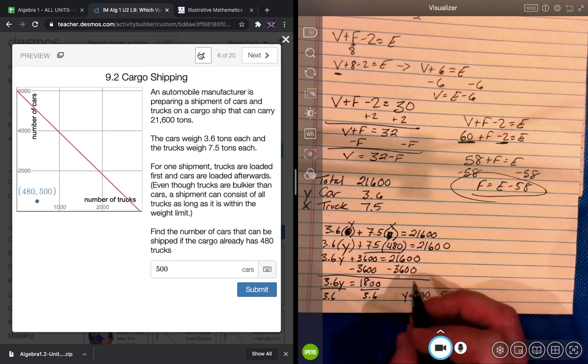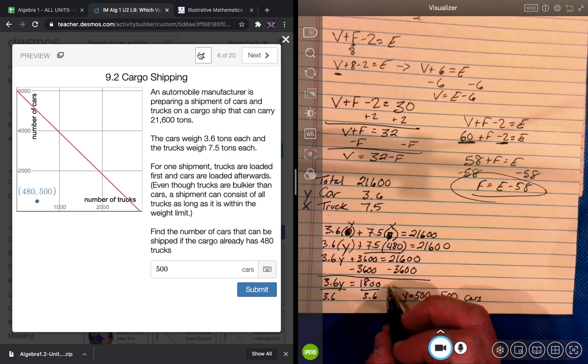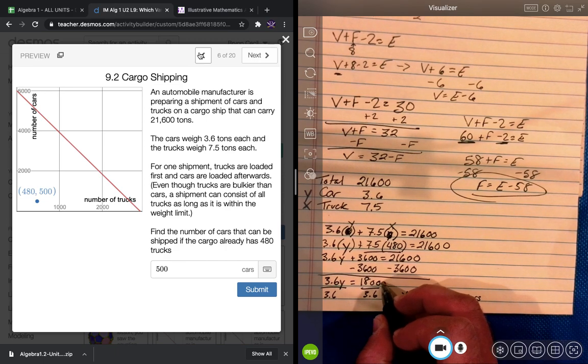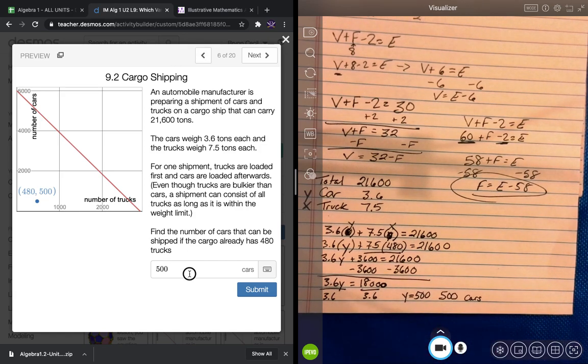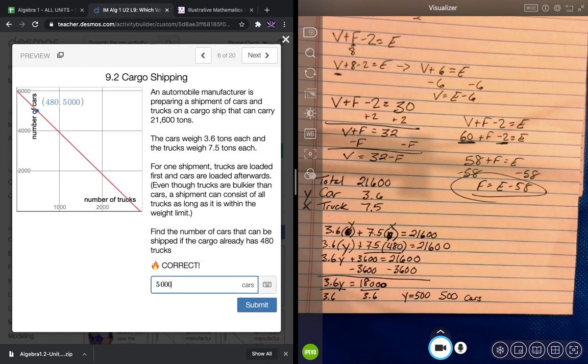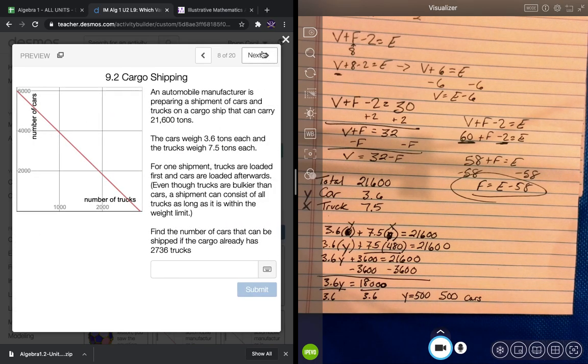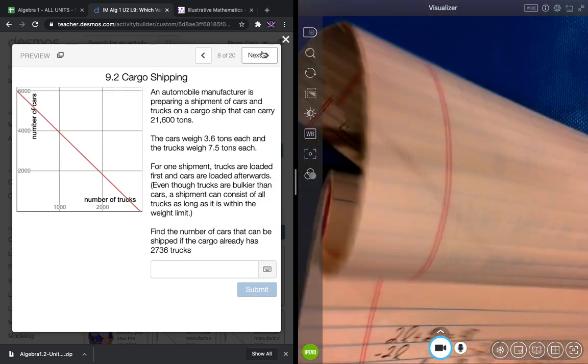I accidentally didn't put another 0, did I? I should have had another 0 right here. In doing so, shouldn't we have had 5,000 cars? There we go, 5,000 cars. Now, doesn't that look a lot better? All right, that was a good catch. I'm glad we caught that and we didn't get too far ahead.